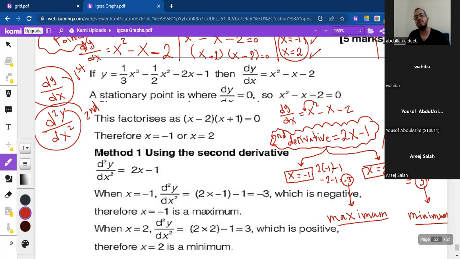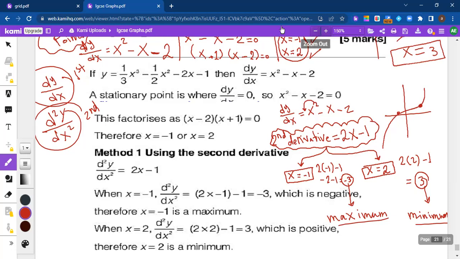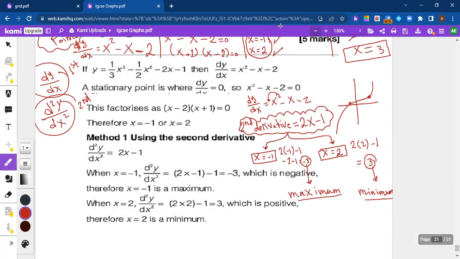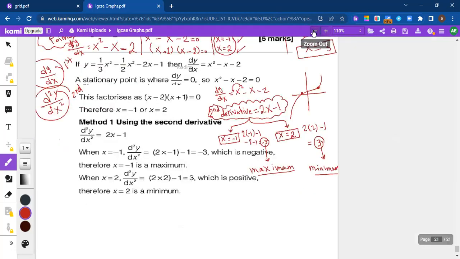Then find the second derivative and substitute with the values. The negative one will be the maximum, the positive one will be the minimum. And all the answers are written already here in the notes.